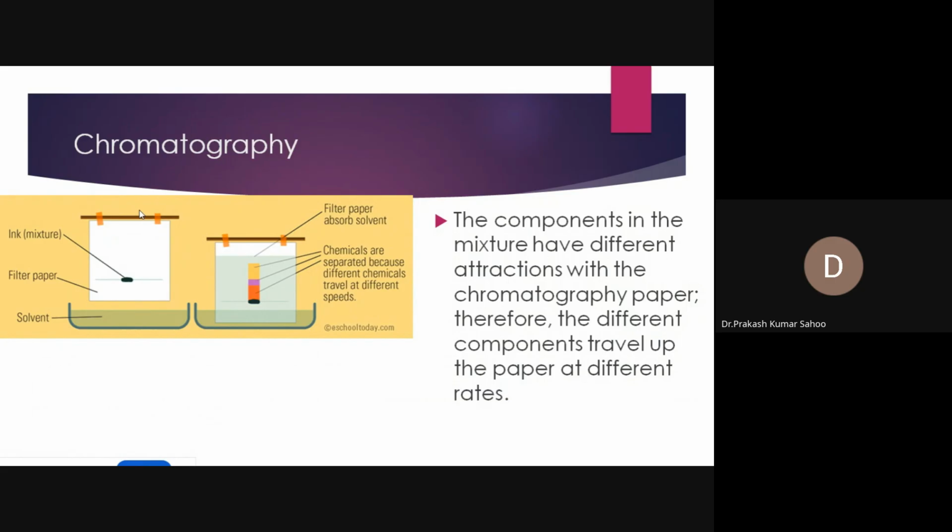So in paper chromatography, the paper is known as the stationary phase, which is static, and the solvent is known as the mobile phase. Here, the mobile phase is running on the stationary phase, and with this passage of running, different components get separated one by one depending on their attraction or bonding or attachment to the mobile phase.